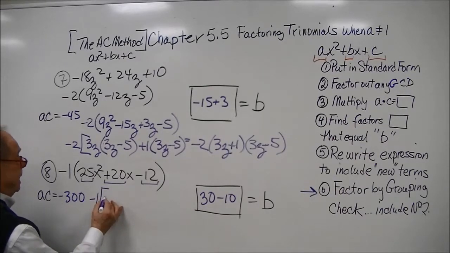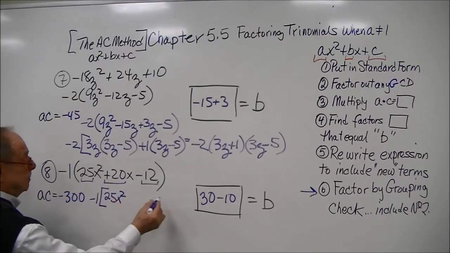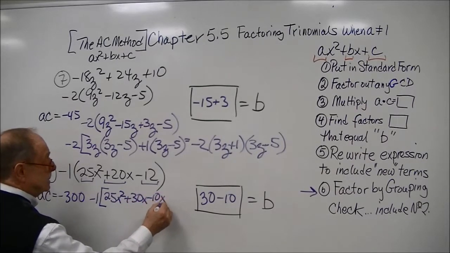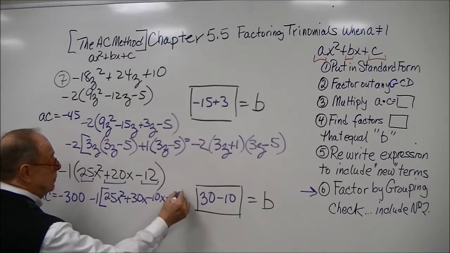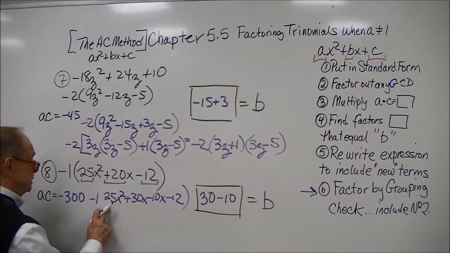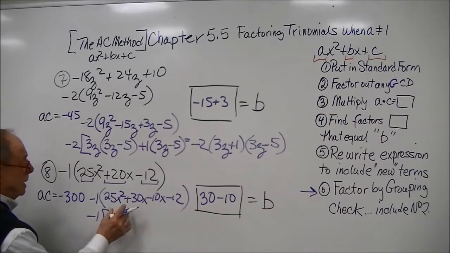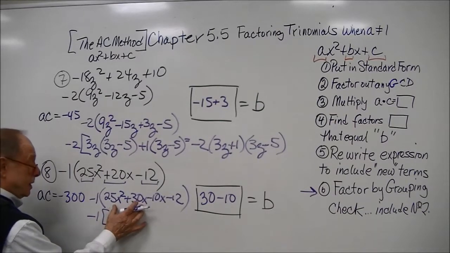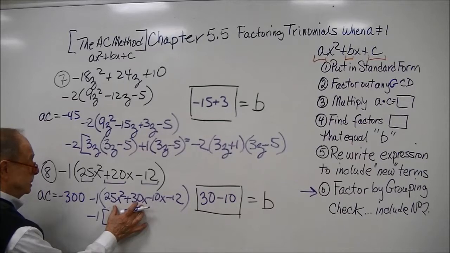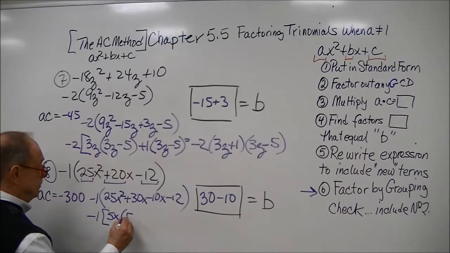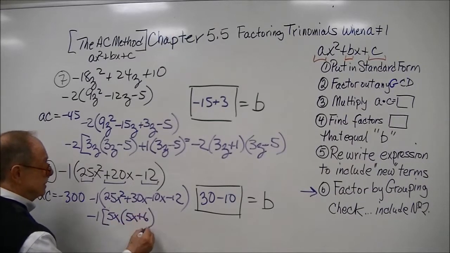And I have here a 25x squared plus 30x minus 10x minus 12. I guess I could use a parenthesis there instead of a bracket. Now I'll use a bracket. -1. Now out of these first two terms, I'm going to factor out a 5x. So 5x gives me 5x plus 6.